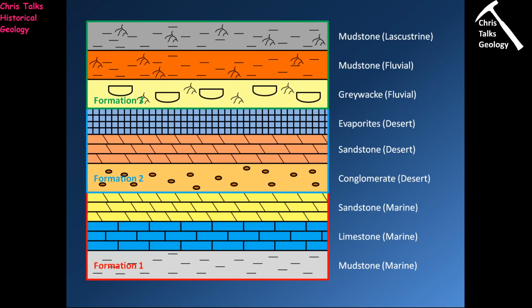Now there are also other units that are present when looking at these lithostratigraphic units. The unit below the formation, so a smaller unit, would be a member. A member is essentially a subunit of a formation, and in this case you can see we've split up formation number 3.